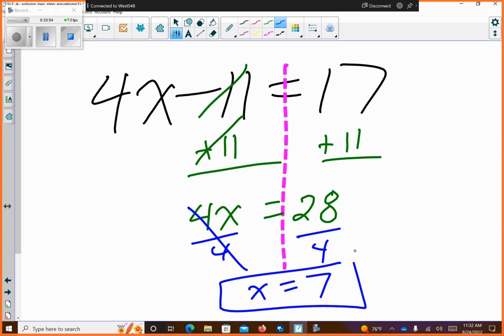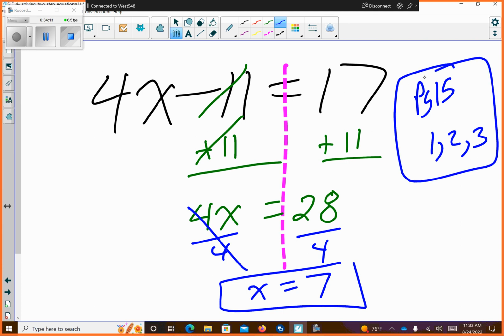And we get that. All right, my friends, I'm going to give you a lesser amount of homework tonight. I would like us to look at page 15, and I would like you to try 1, 2, and 3 for tomorrow.